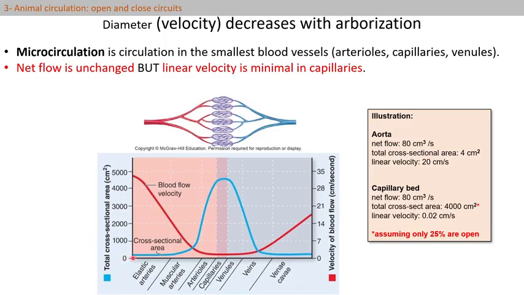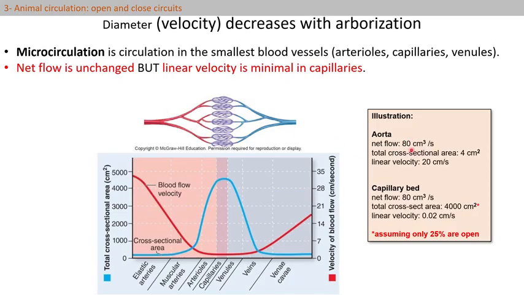So that makes what? That makes the fact that blood velocity will strongly decrease around the capillaries because the cross-sectional area will strongly increase around the capillaries. So the arborization, as a consequence, is that around the capillaries where arborization is maximal, the cross-sectional area is maximal, and the blood, for a given flow, moves very slowly. So let's give a few examples. Let's imagine here it's the aorta.